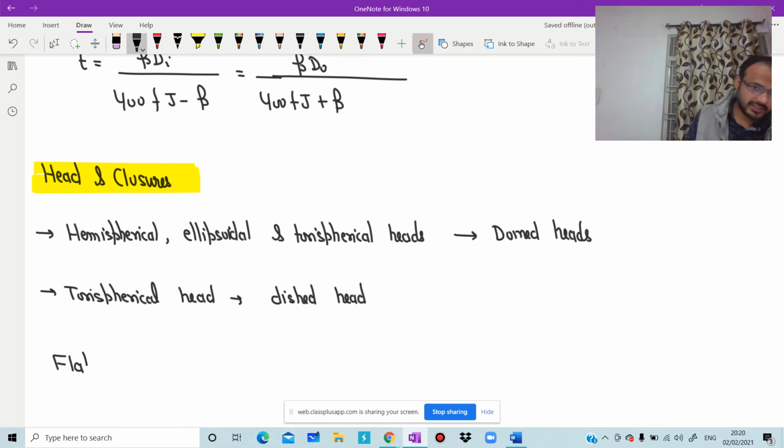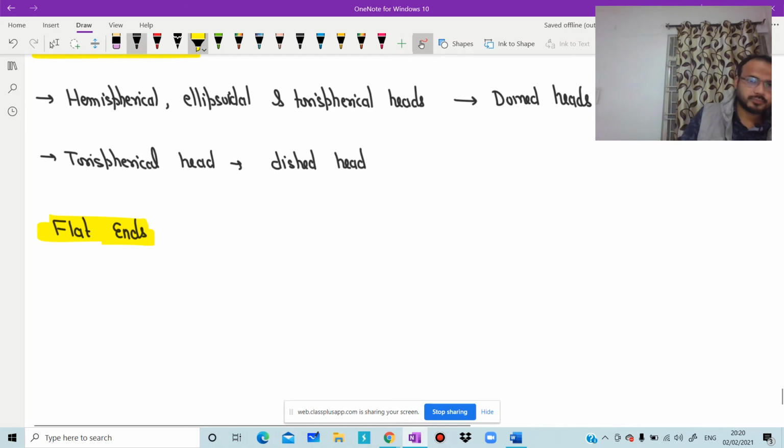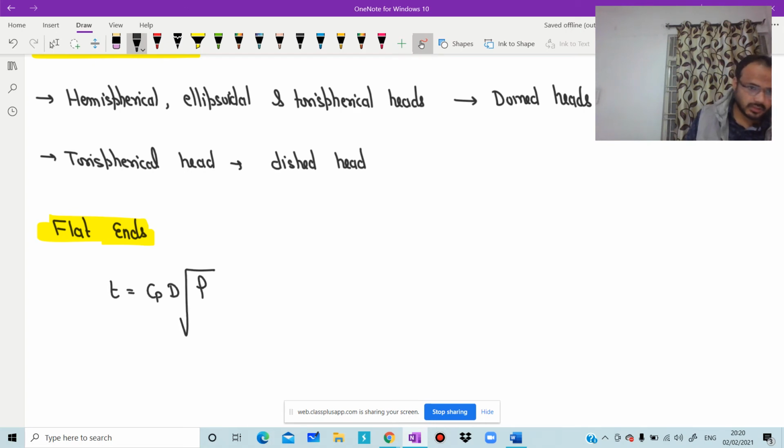Write down first. The minimum thickness required for the flat ends is given by T is equal to Cp into D root P by F. Cp is a design constant.